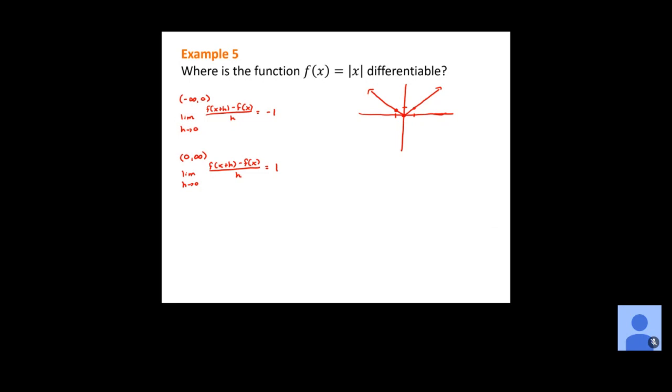What that tells us then is that our derivative exists everywhere from -infinity up to 0, and it's just equal to -1. Our derivative also exists everywhere from 0 to infinity, and it's equal to +1.